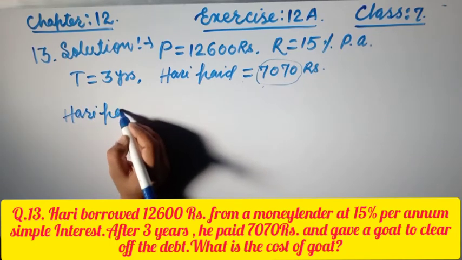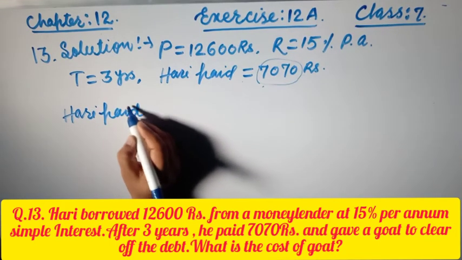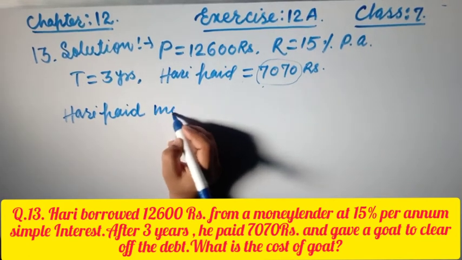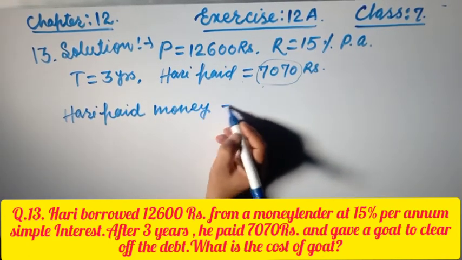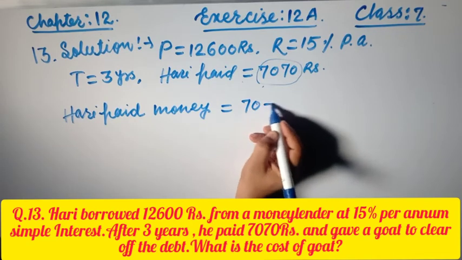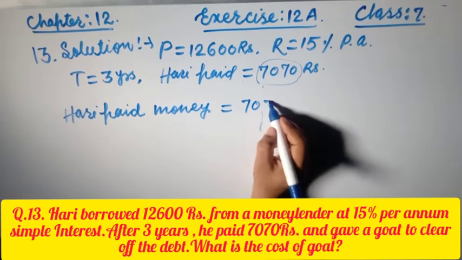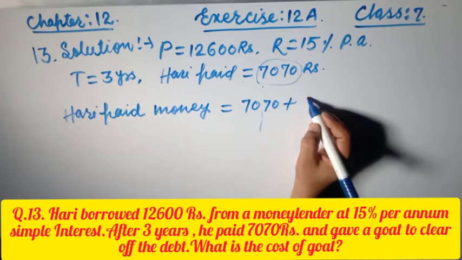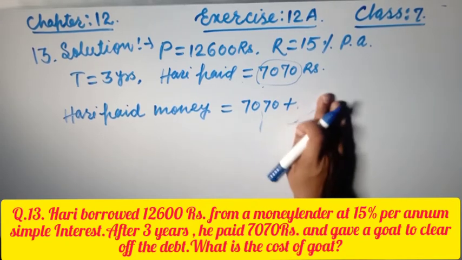Okay, so here friends, that means Hari paid money. This was paid friends, plus the cost of goat.